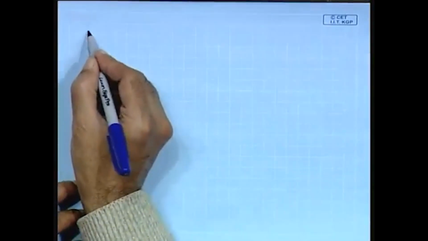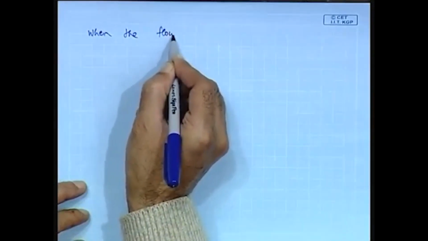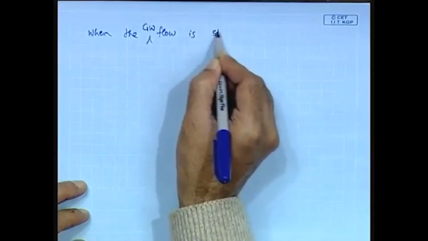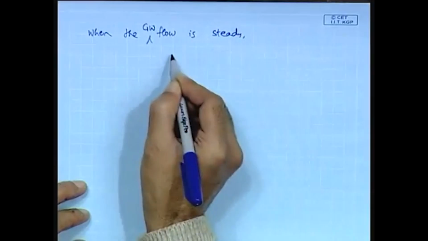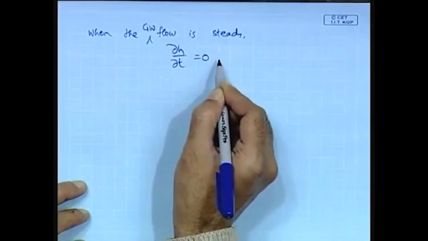So, when the groundwater flow is steady, in that case this dh by dt is equal to 0.